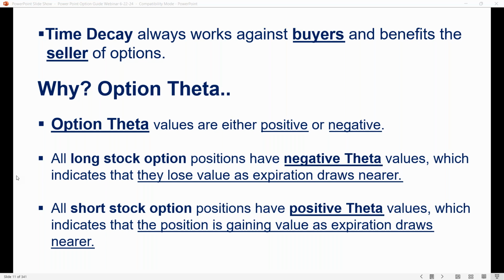So all long options, such as if you're long a call or long a put, are going to have a negative theta value. That indicates that they're going to lose value as expiration draws near. So if you've been out there and you bought options and your price goes nowhere, you're going to understand and experience that loss of time value, and your option goes down and value depletes.